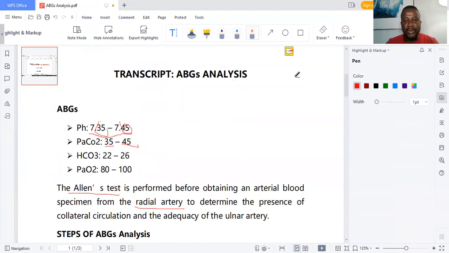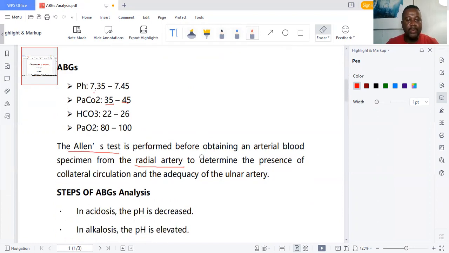Now, below 7.35 is acidosis, and above 7.45 is alkalosis.